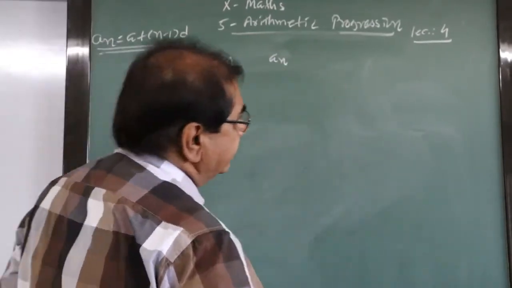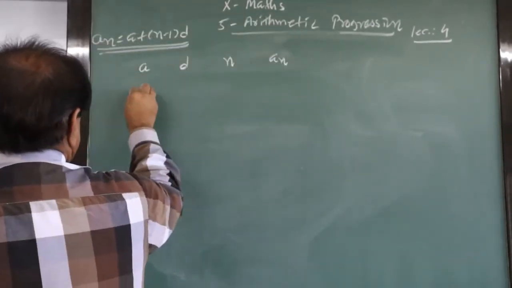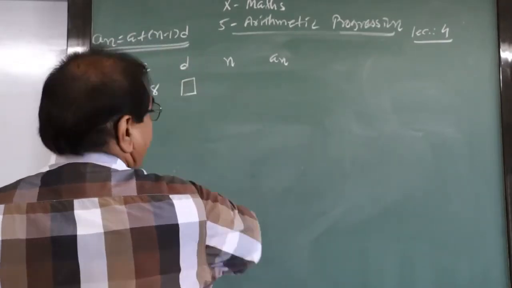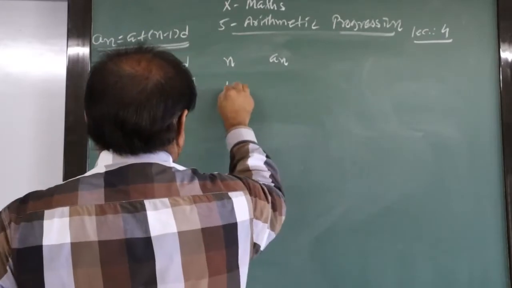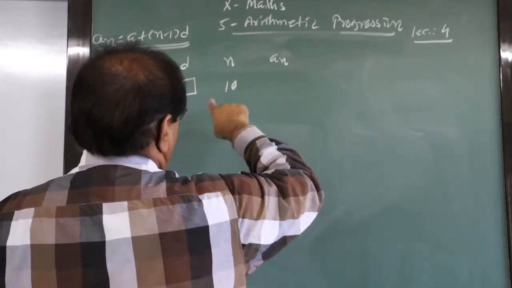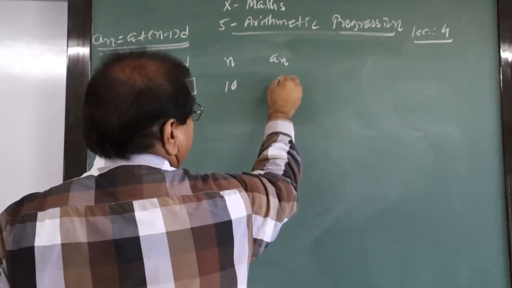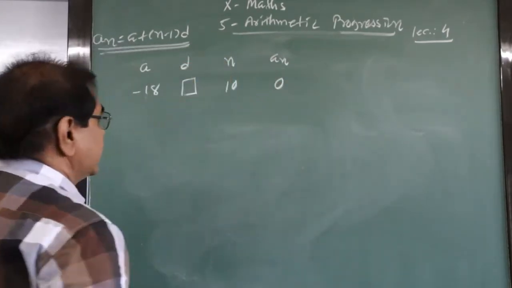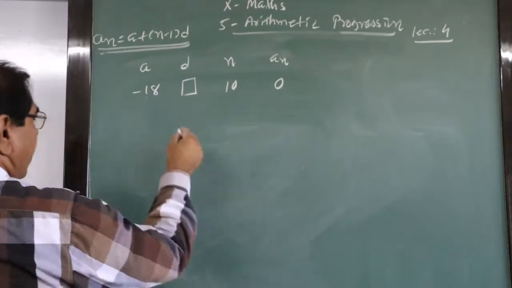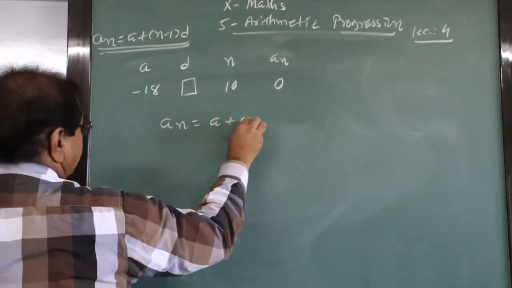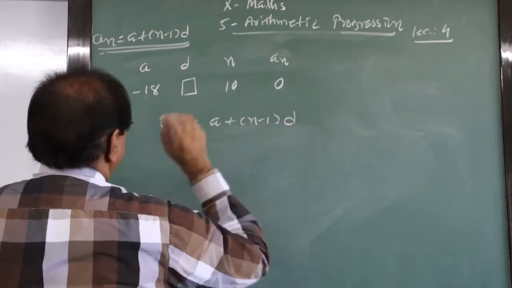We take the second: a is minus 18, then the common difference is what we have to find out. Total number of terms is 10, and an is 0. Last term is 0. Again we plug in the formula. An is equal to a plus n minus 1 into d.